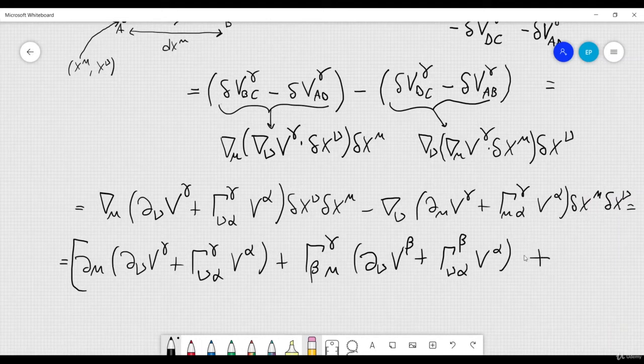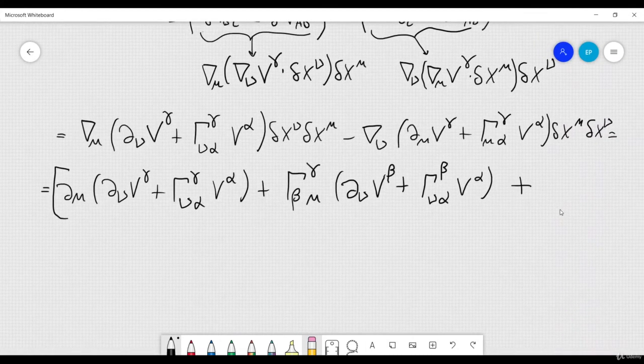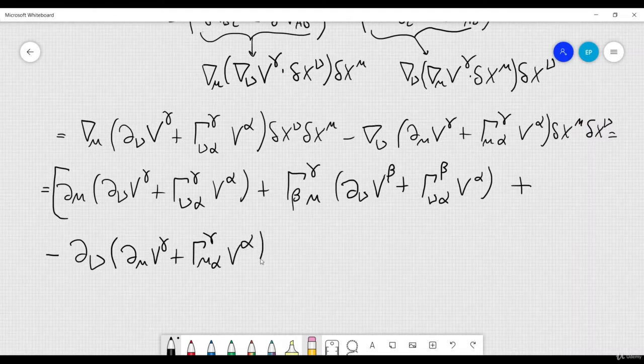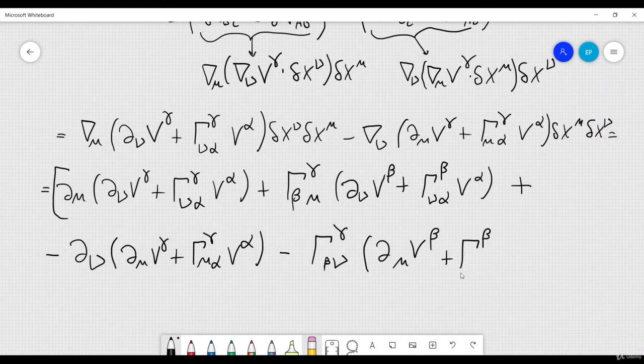So here I will have plus, and I will go below here, and of course I have a minus del nu, so I have partial nu, and then I have del mu v gamma plus Christoffel gamma mu alpha v alpha, and then I have minus Christoffel gamma beta nu, and then I have del mu v beta plus gamma beta mu alpha v alpha, and then I have to multiply by delta x mu delta x nu.